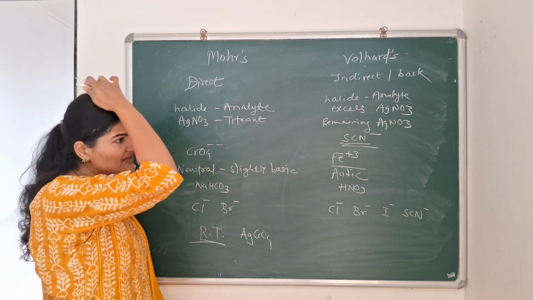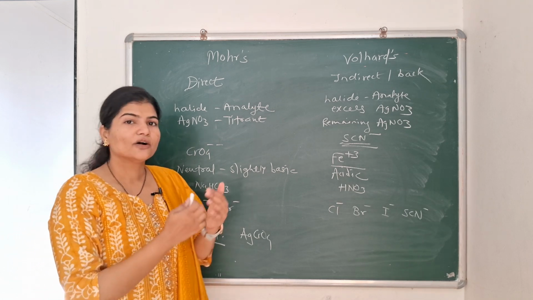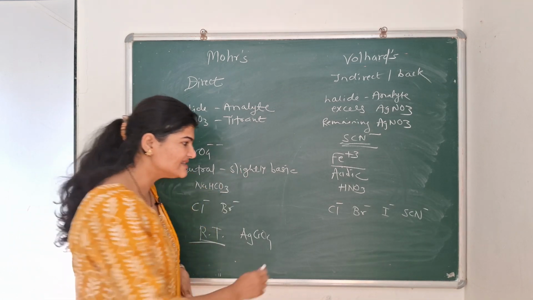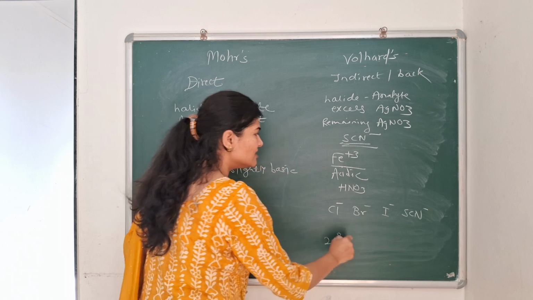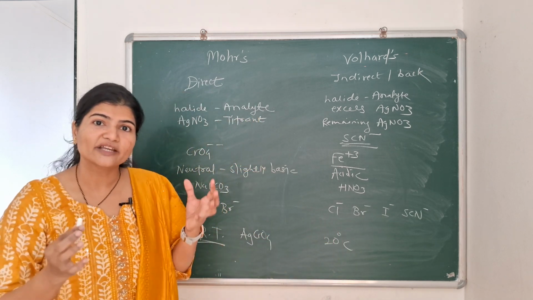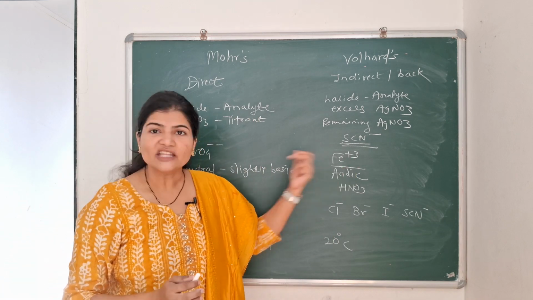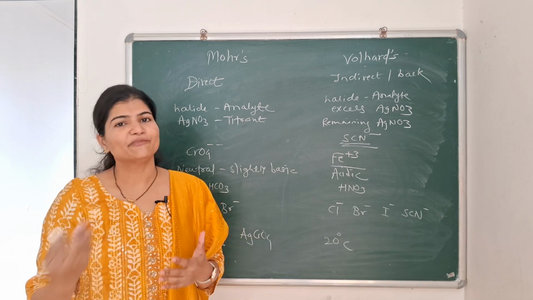Similarly, in Volhard's, the reaction has to be carried out at a cool temperature, less than 20 or less than 25, because the soluble complex which we are going to get at the end point, the ferric thiocyanate complex, loses its color when the temperature increases.